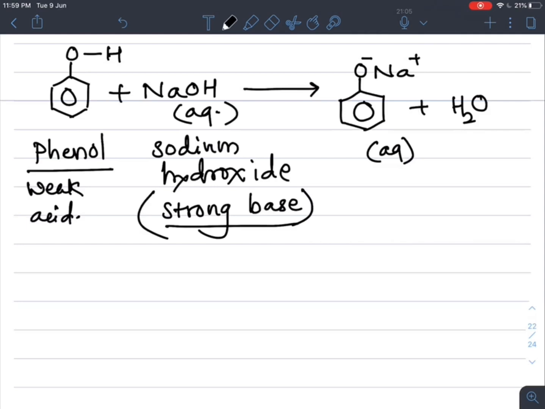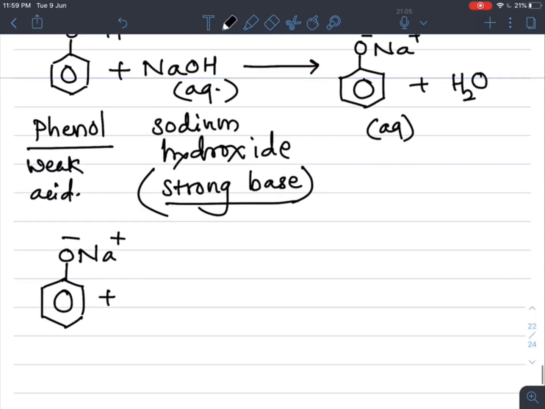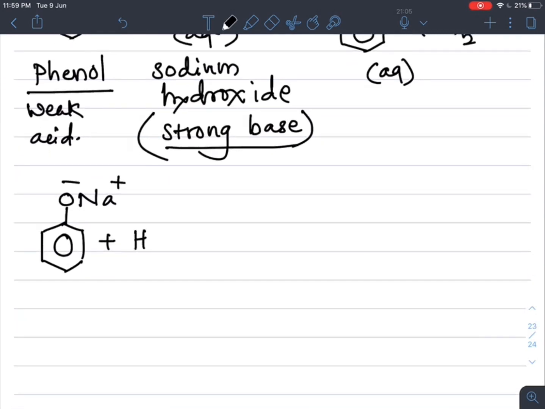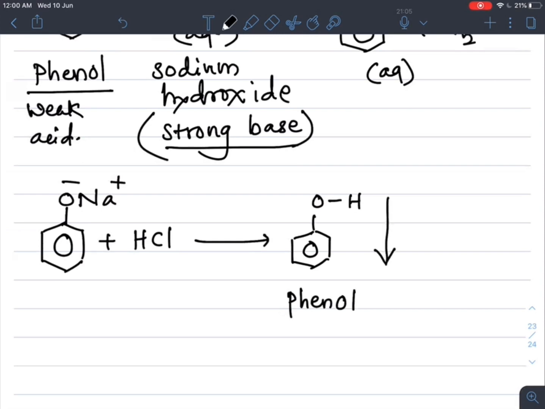Further, when this aqueous solution of sodium phenoxide is treated with HCl, the strong acid, Na is replaced by hydrogen, so again we get phenol, and this phenol gets precipitated out with the formation of NaCl. The reaction is completed here.